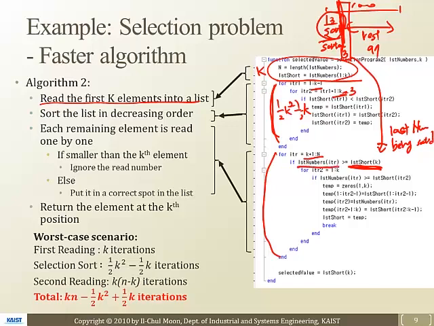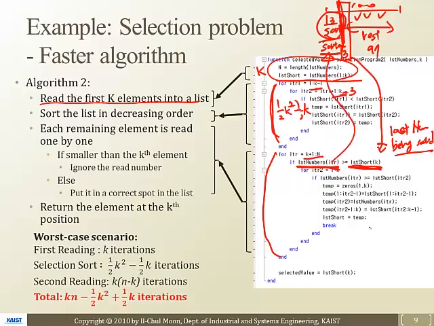And if the next number is bigger than the last number being sorted, then we are going to put this number somewhere in this sorted list.